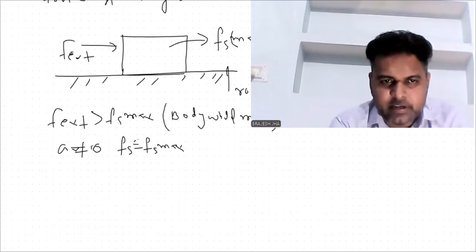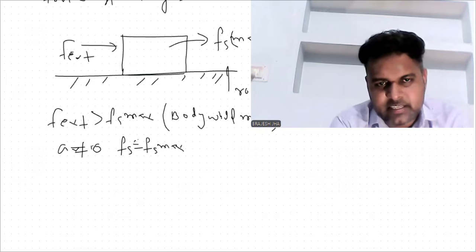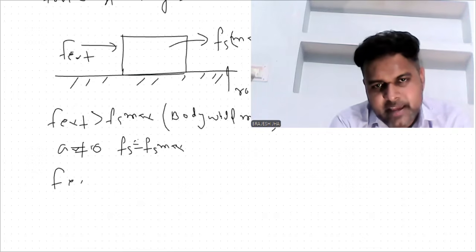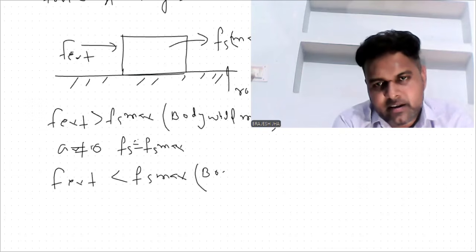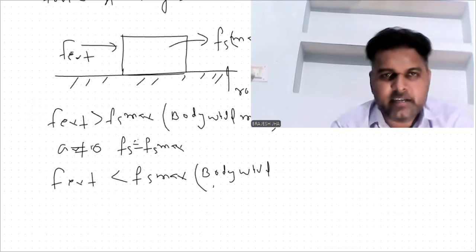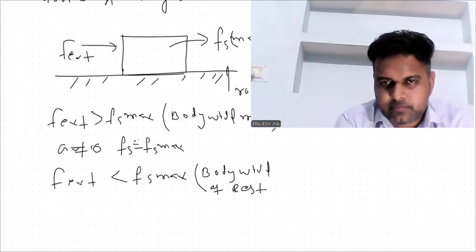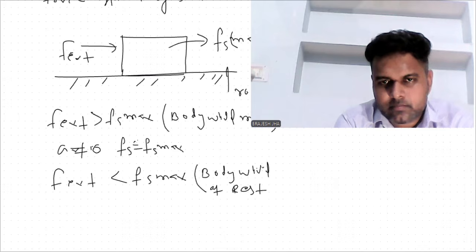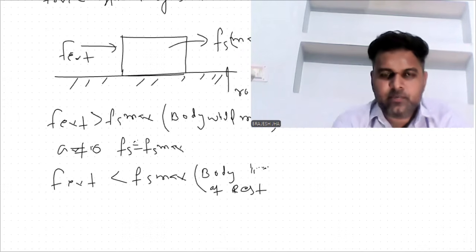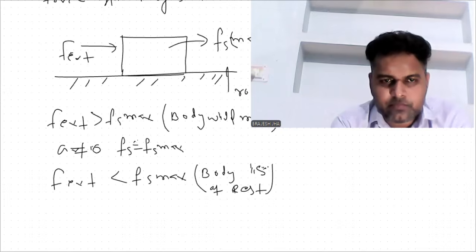So the next case is, if F external is less than Fs max, what happens to the body? The body is at rest. Listen carefully. So acceleration equals 0.